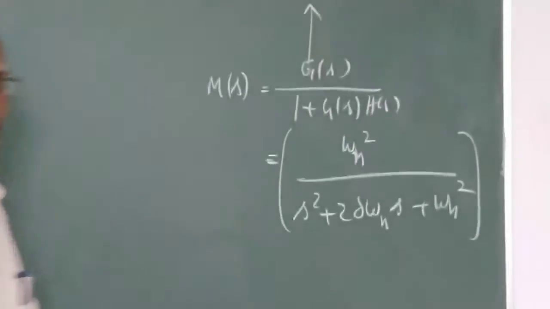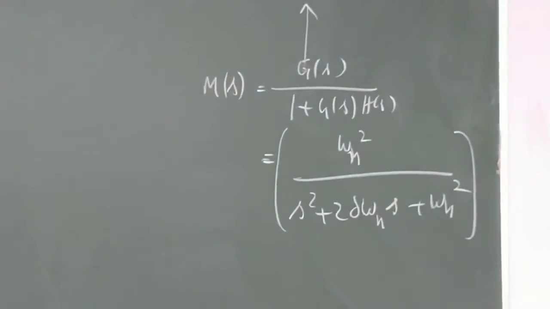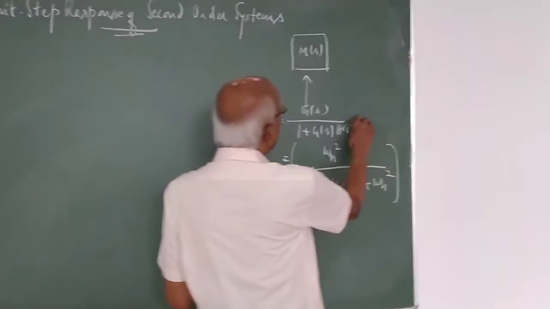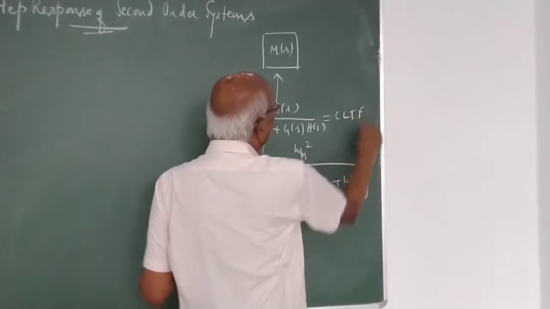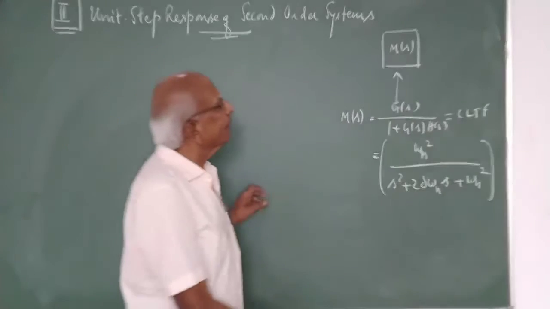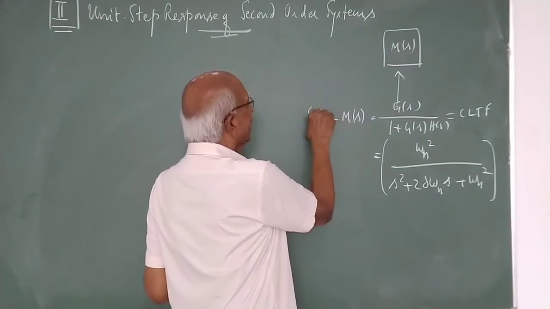You take that as 1 for this purpose. So this is the standard form of the closed loop transfer function, the main transfer function. It's also called the control ratio in general, the C of s by R of s ratio.